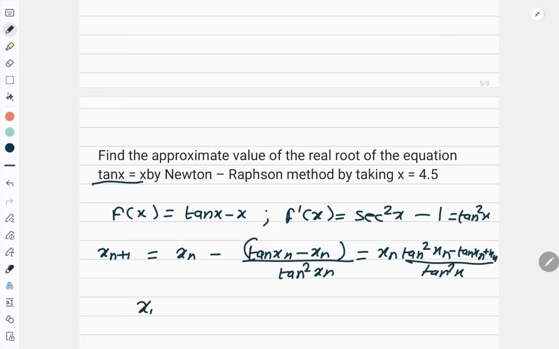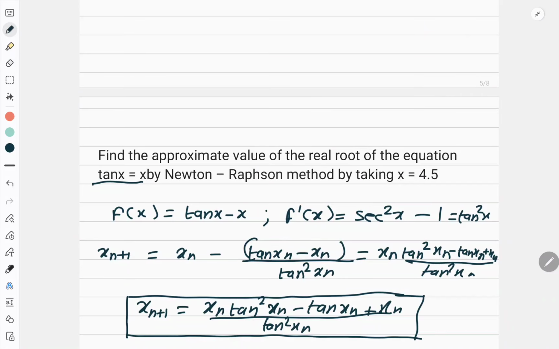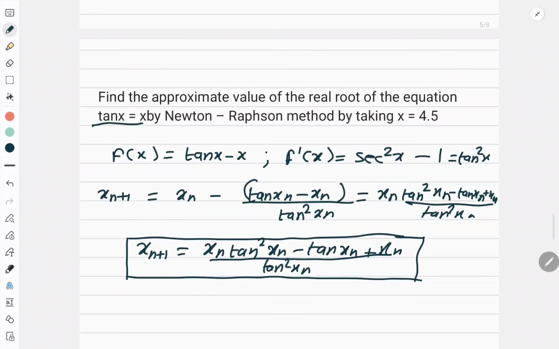So I can say xn plus 1 is equal to (xn tan square xn minus tan xn plus xn) upon tan square xn. So this is the iterative formula. So when there is step marking, you always get marks to reach this point as well, because this is the main key step.